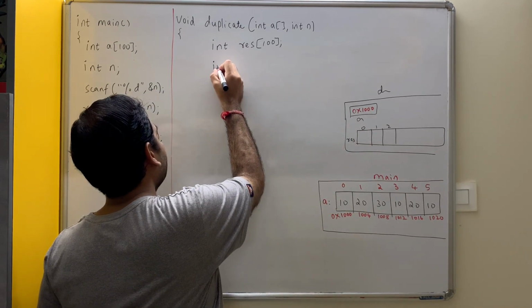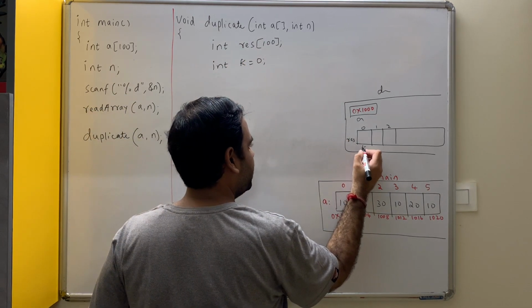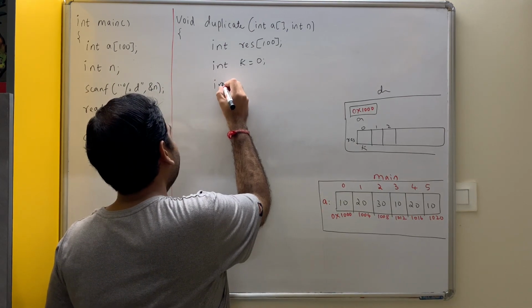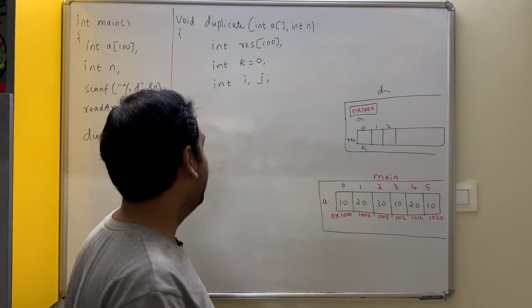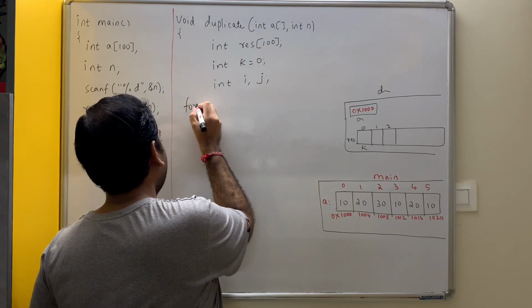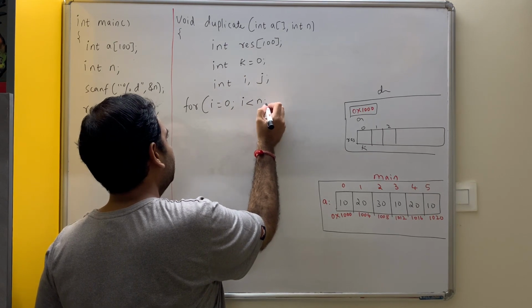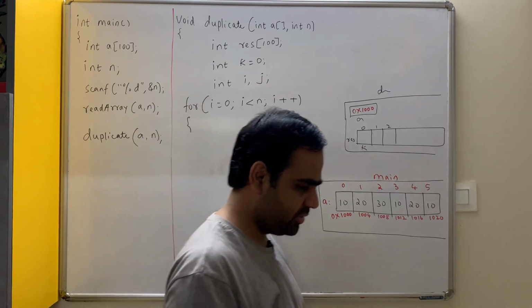Therefore, let's take int k equal to 0. Now k is over here and we will start writing from the index 0. And I need index i and j, needless to say, to find the pairs. And how do we find the pairs? We say for i equal to 0, i less than n, i plus plus. Is that okay?